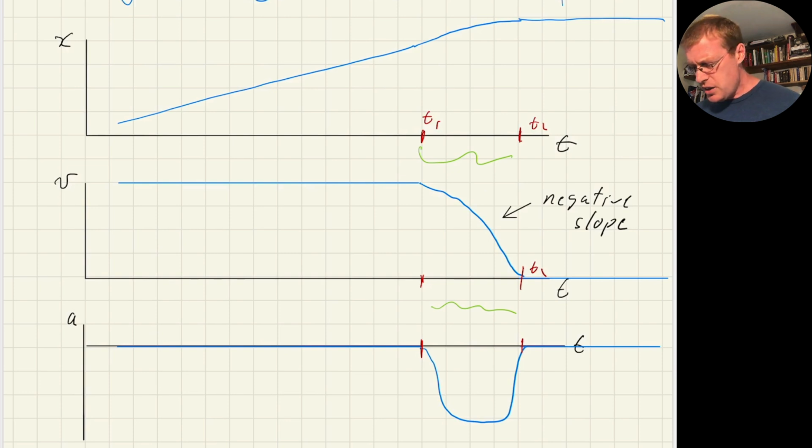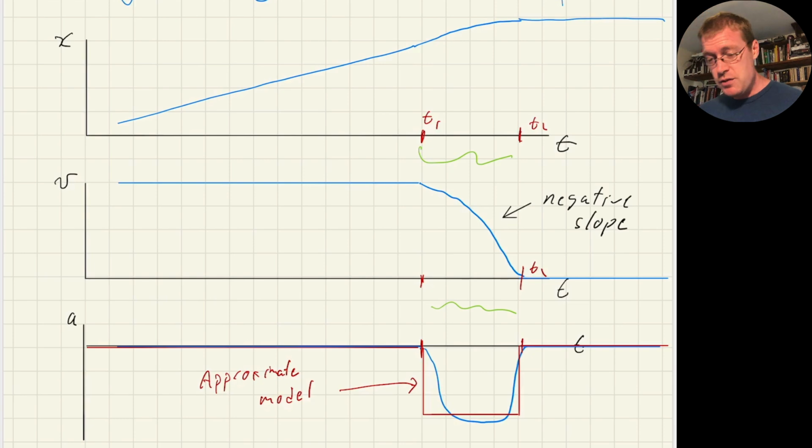Okay. And so the kind of minimal model, which is going to contain those three parameters, is to just approximate this acceleration as a constant. Is that model exact? No. Is it useful? Yes.